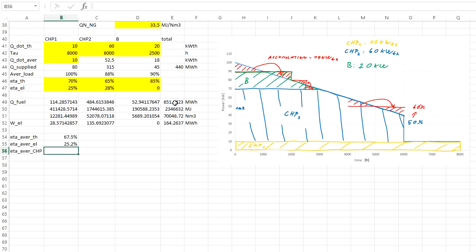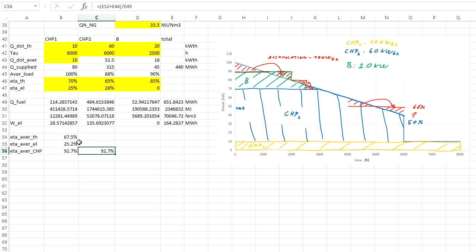And lastly, we have the efficiency of combined heat and power production, which can be just the sum of these two, or the same value needs to be also obtained as the electricity produced plus the heat produced divided by the heat content in the fuel.